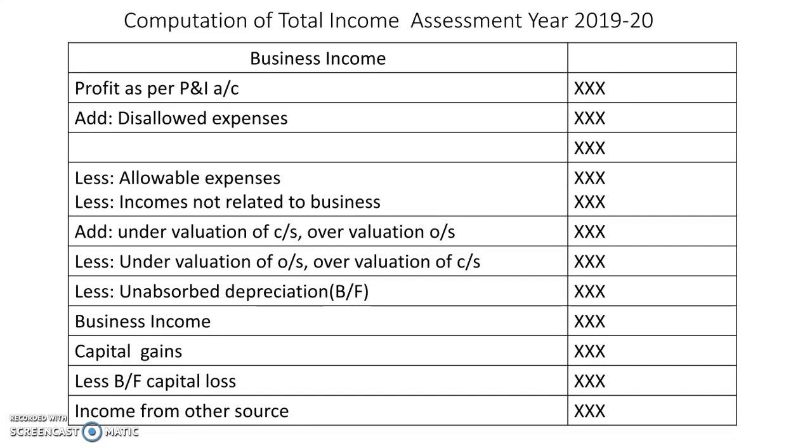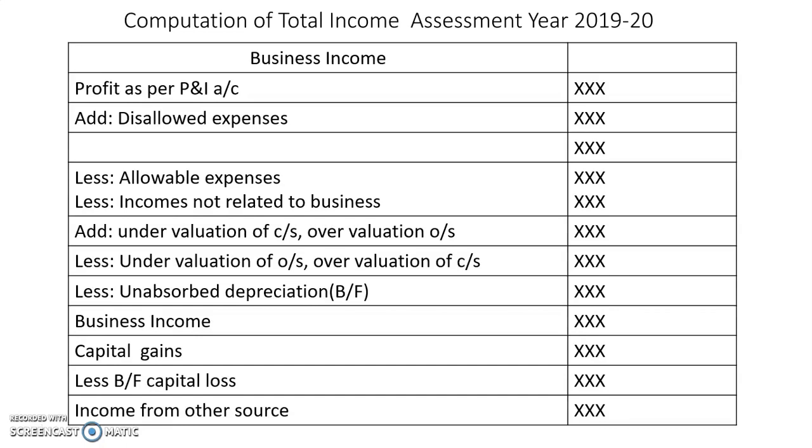There will be some other incomes which are not related to business but are credited in the profit and loss account, like income from house property, income from other sources, income from capital gains. Even though they are not business income, they are entered in the credit side of the profit and loss account. Those are not business incomes, so you have to deduct those incomes.